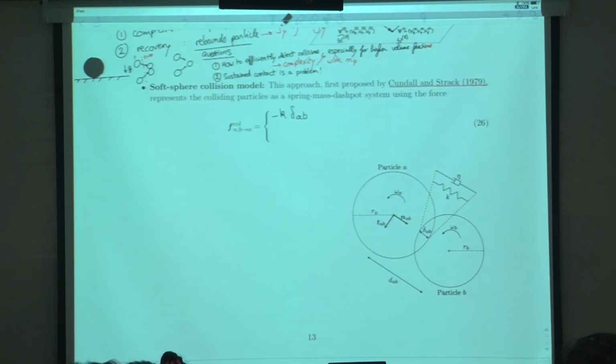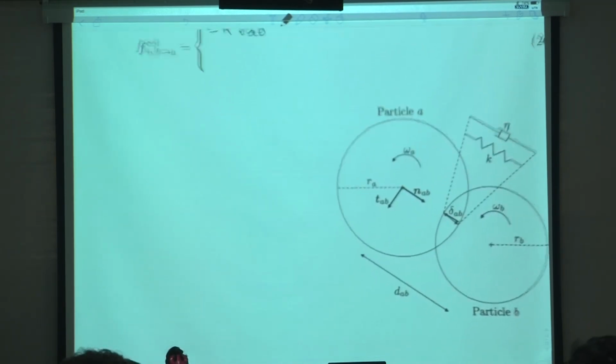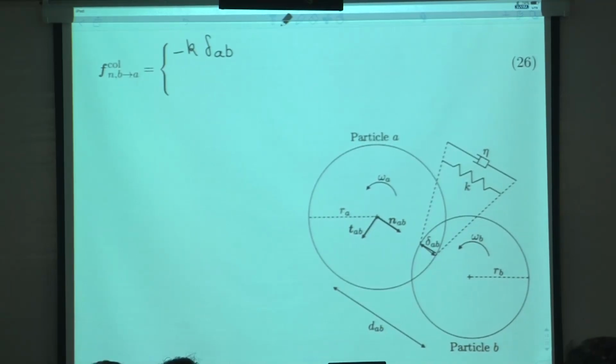If I have particle A and particle B that are overlapping, I can compute their overlap, and this is what's sketched down here. So this is the amount of overlap between two particles.